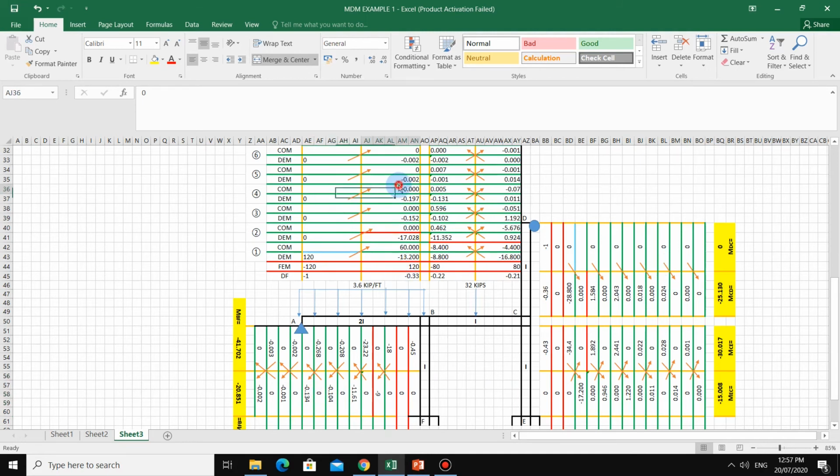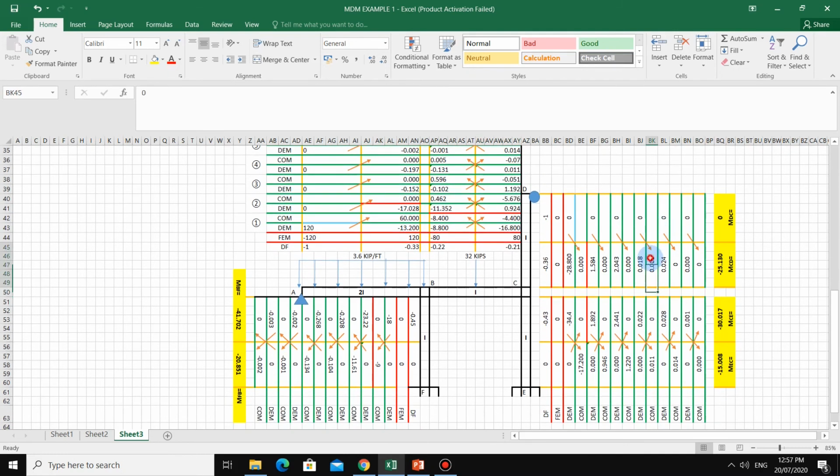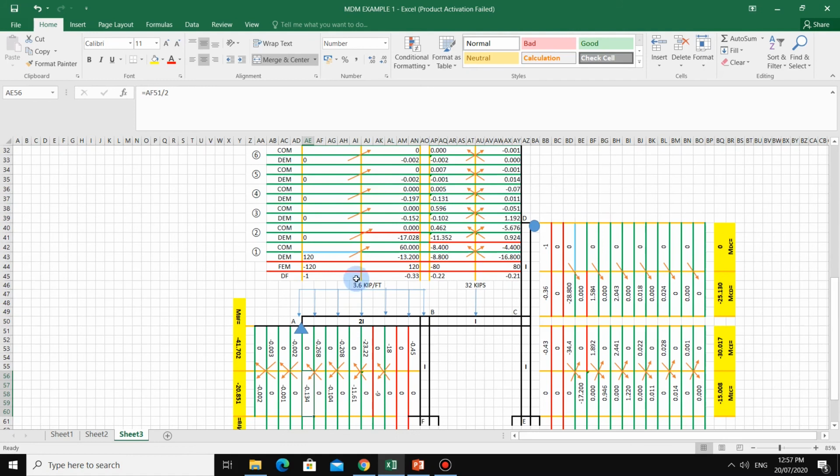It comes from here, then passes 1/2. This one passes here 1/2, and this one passes here too. 0 comes from here. Then this 0.022 passes here, then this passes 1/2. So after the carry over, evaluate the CUM at the fourth cycle.